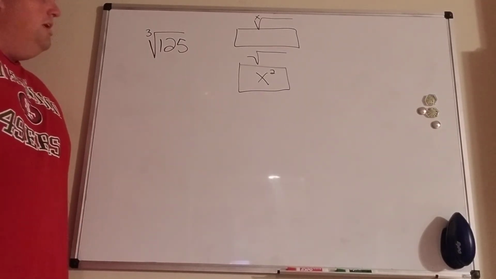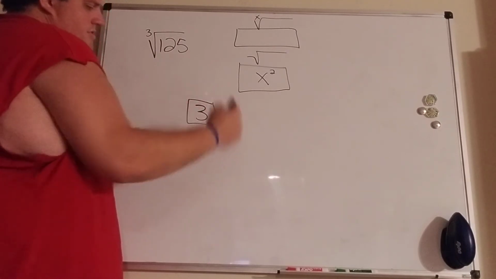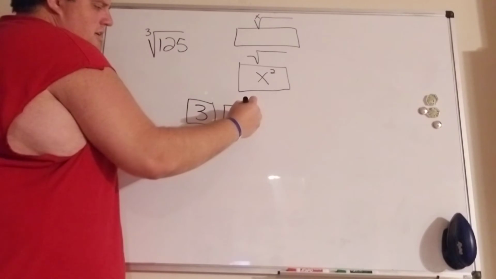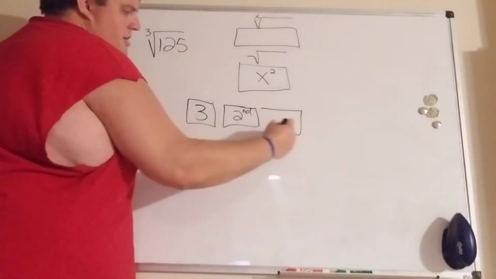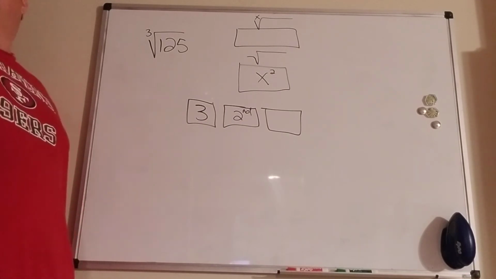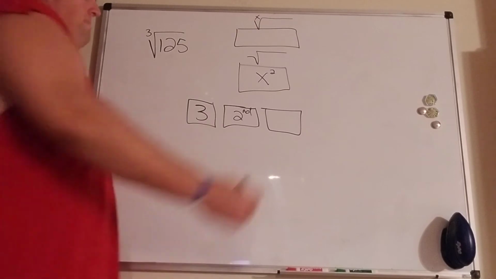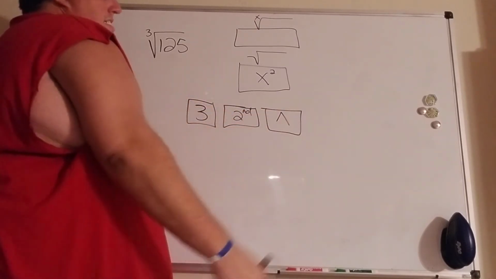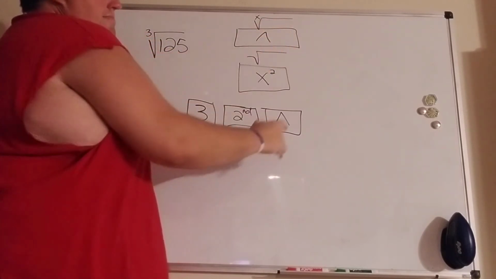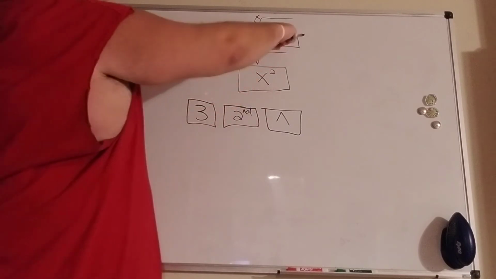That means what you're going to do is you're going to hit the 3 button first. And then you're going to hit second. And then you're going to hit this button. I don't know what it is. I think it might be the caret button. Whatever this button is, we'll say it's that. We're going to hit that. That's going to pop this up for you.